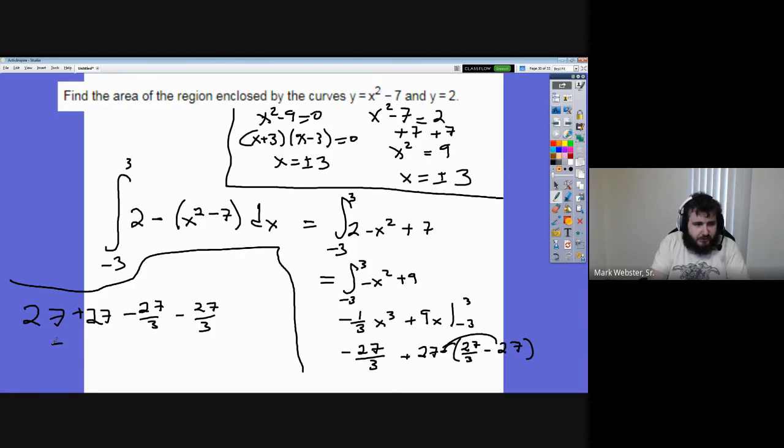So this will be 54 minus 54 thirds. And this is going to be times 3 over 3, right? So 150 and 12, 162, right? So this is whatever 162 minus 54 is over 3. 162 minus 54, 8.